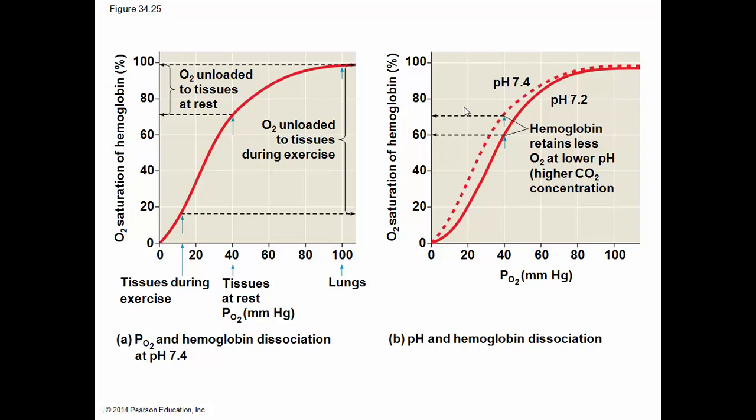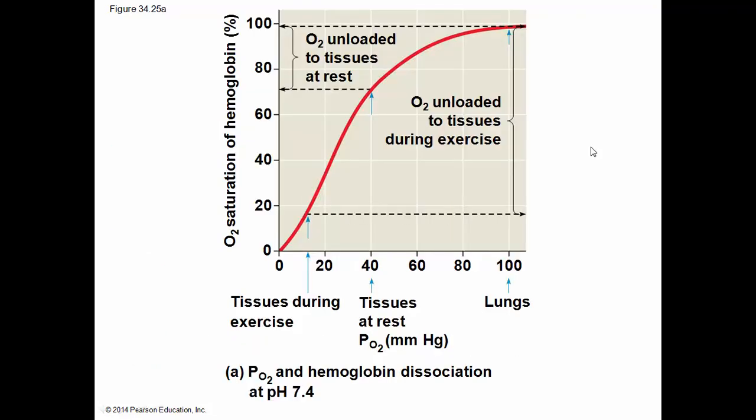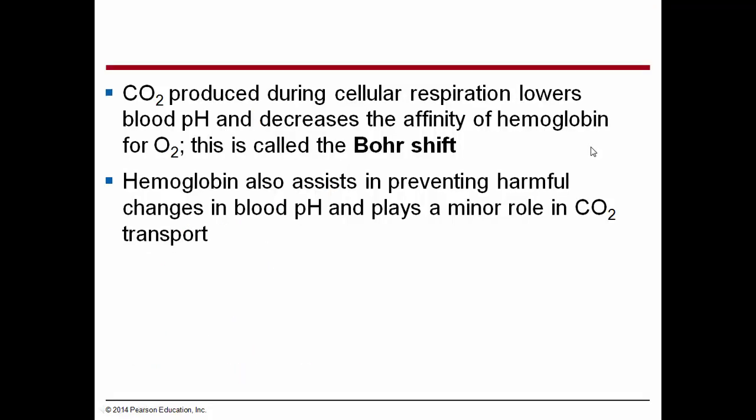So when you get a decreased pH, hemoglobin is going to release more oxygen, because that's when you're producing more carbon dioxide, so you need more oxygen. CO2 produced during cellular respiration lowers blood pH and decreases the affinity of hemoglobin for O2.